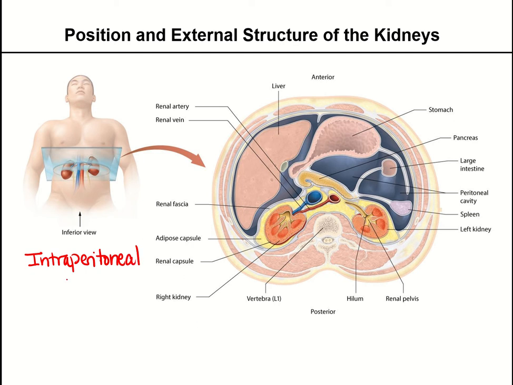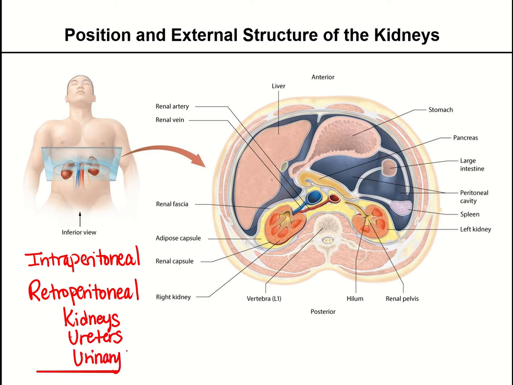So intra meaning within. But our kidneys are going to be behind. So retro meaning behind, retroperitoneal. And so we're first going to focus on the kidneys, but then when we look at the rest of the urinary tract, I want you to keep in mind that the ureters, as well as the urinary bladder, are all retroperitoneal.